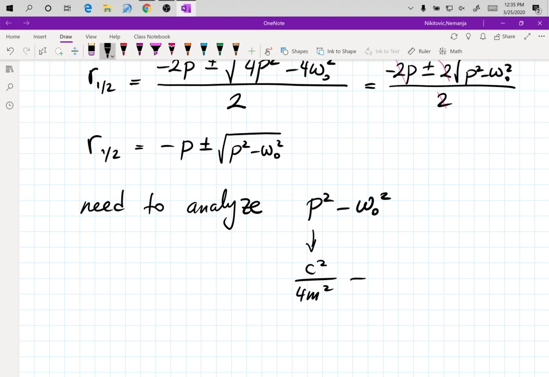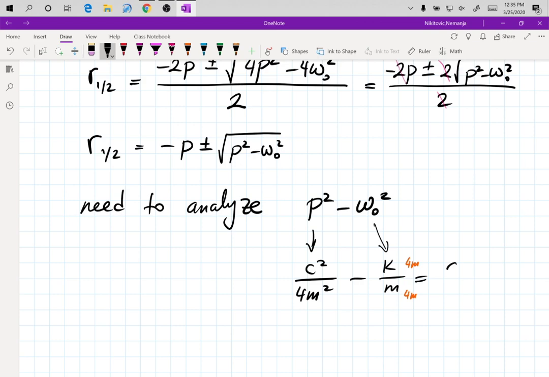And omega 0 was the square root of k over m. So when we square it to kill the root, it's just k over m. So this is what we have. And we do the common denominator, which is times 4m on both of these.